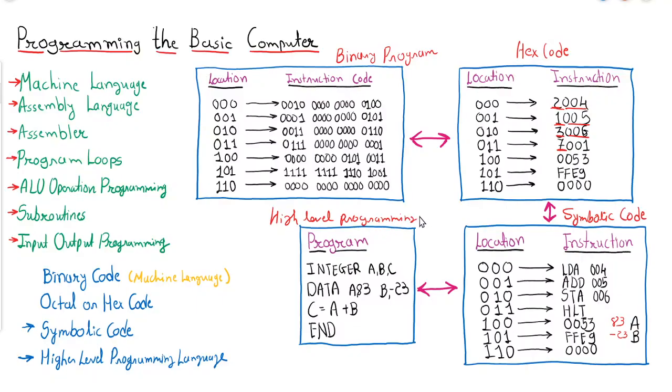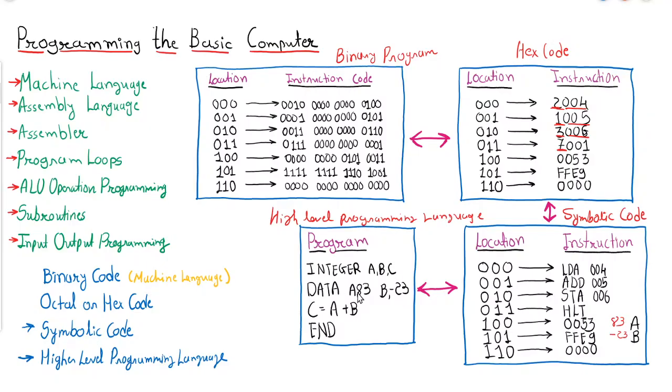Here you can see how many variables we are using. We will use 3 variables, a, b, and c, to store the values. So integer a, b, and c.